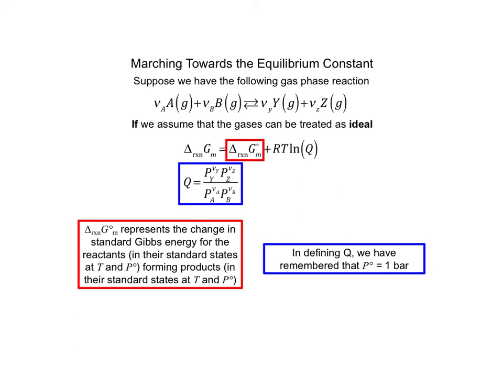So this delta G standard, this delta G naught, represents the standard change of Gibbs energy. So changing from reactants to products in their standard states at standard temperature and pressure. So this in red is the standard conditions.